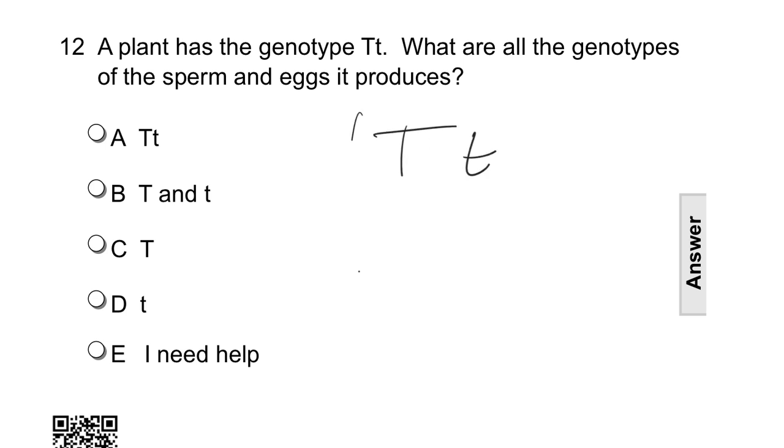What is the genotype of the egg or sperm? It could be big T or little t. Can't be two letters together. So letter B is the right choice.